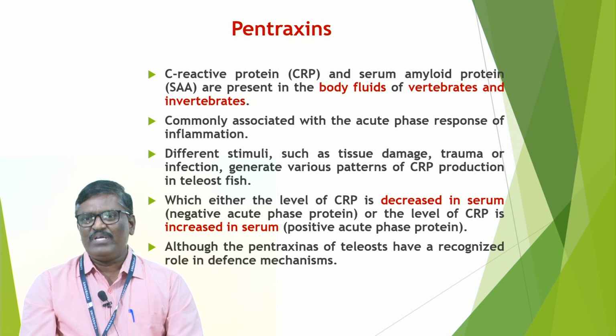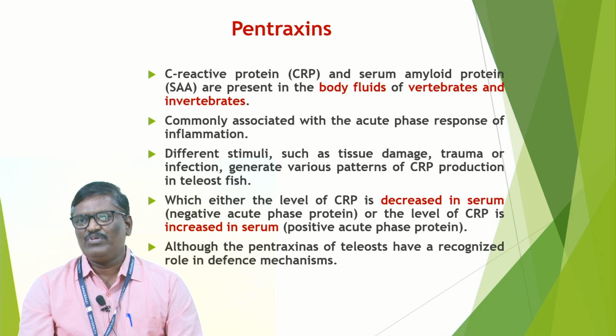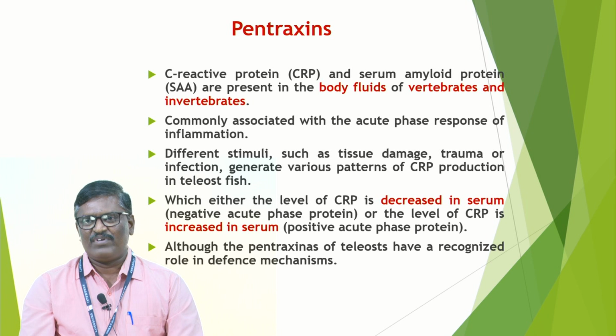This component is produced in response to different stimuli such as tissue damage, trauma or infections, generating various patterns of CRP, that means C-reactive protein, particularly in teleost fishes. So, this component has a very important role in defense mechanism, especially humoral defense mechanism.